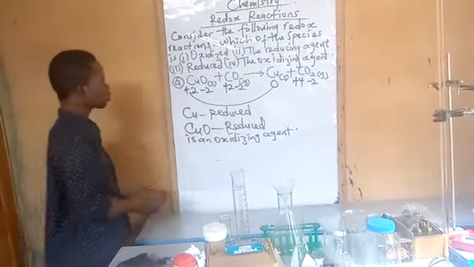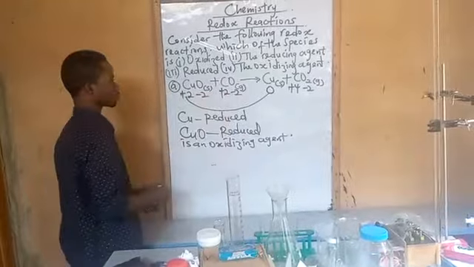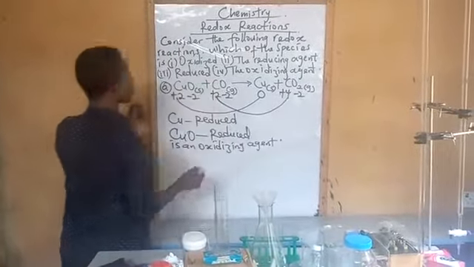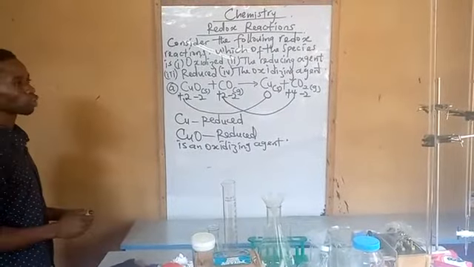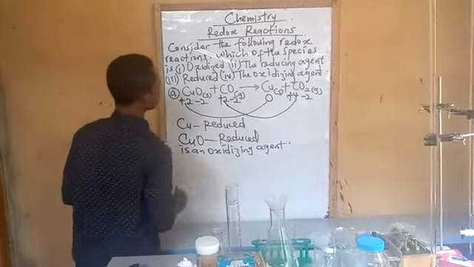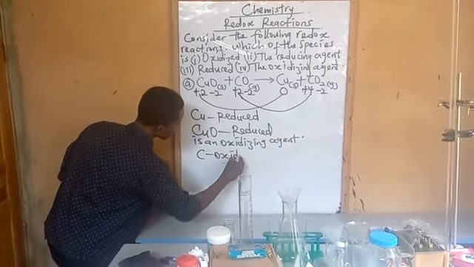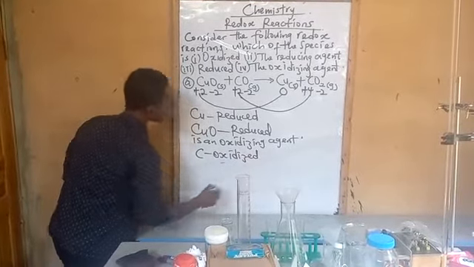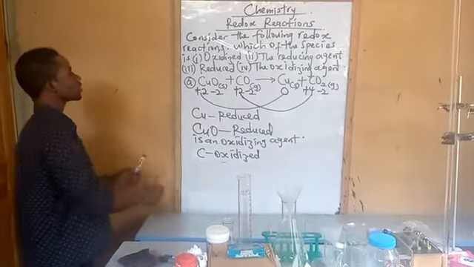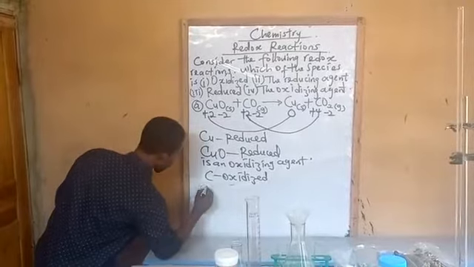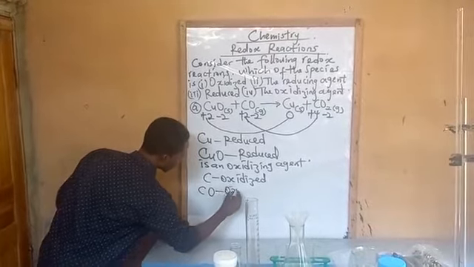Now, let's look at the carbon here. Carbon goes from +2 to +4. What does that mean? That shows that carbon oxidized. That means the carbon 2 oxide, or carbon monoxide, oxidized.